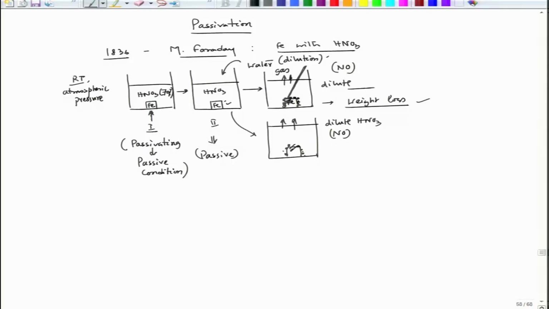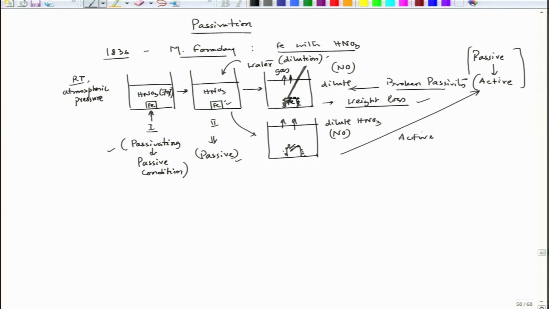So, this particular stage is a broken passivity, and it goes to active from passive. This is the phenomenon we will observe. So, passivating, still passive, and here this is active.